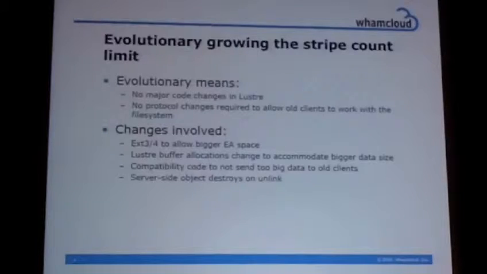So since there is already a demand for the growing stripe count limit, we decided to do some evolutionary growing by just trying to avoid a lot of changes, without changing the protocol, and to retain compatibility with older clients. The changes that we have made, and I will dive into them later, is first of all, of course, we needed to change ext3 to allow bigger extended attributes.